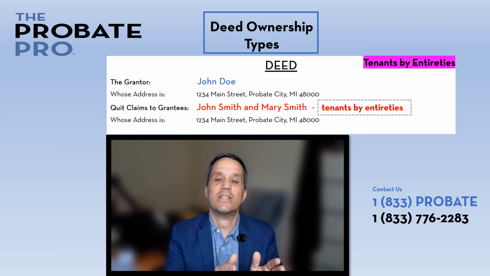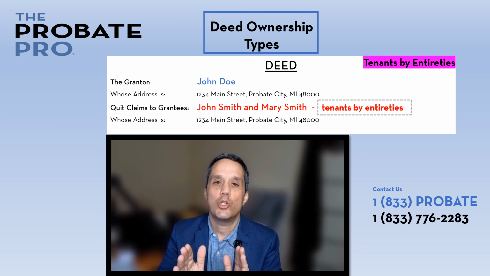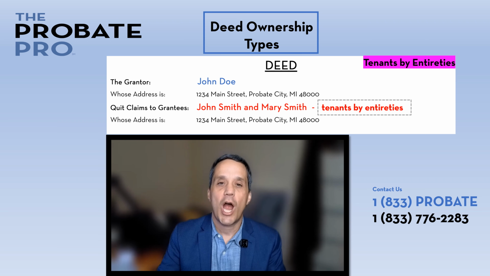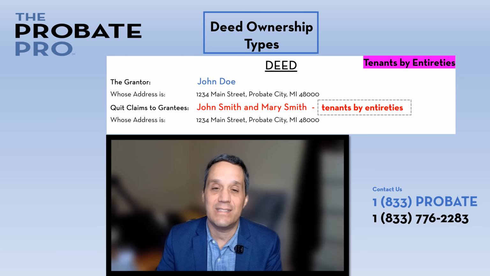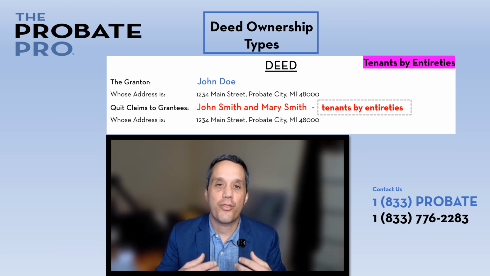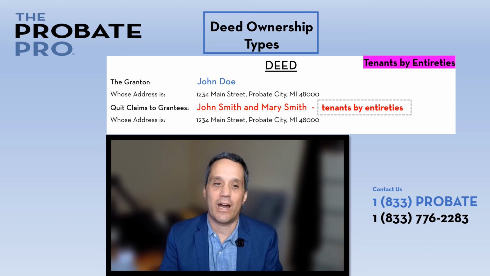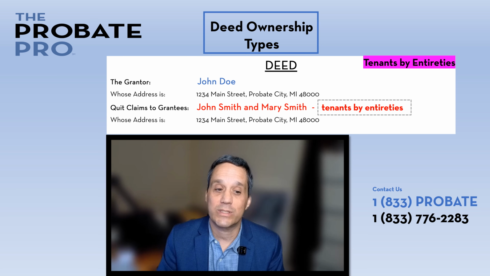So these different types of ownerships, tenants in common, joint tenancy, tenants by the entirety, and there are other forms of ownership, are really important to understand the difference. Crafting this deed without a thoughtful process of what the intentions are for the ownership can create a lot of really awkward situations.